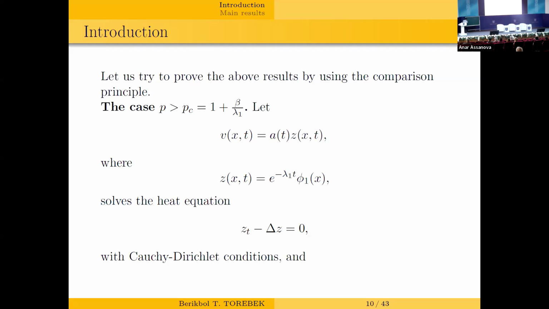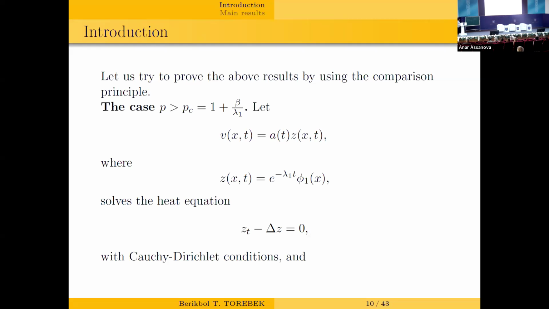Then if the initial data satisfies this inequality, then the solution also satisfies it. This is a generalization of the maximum principle for parabolic equations, and we will essentially use this fact.